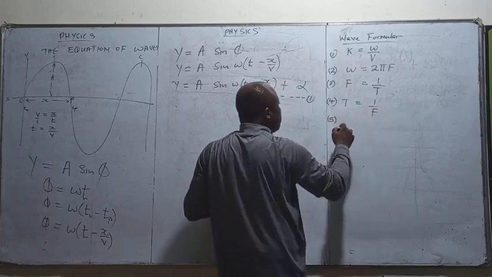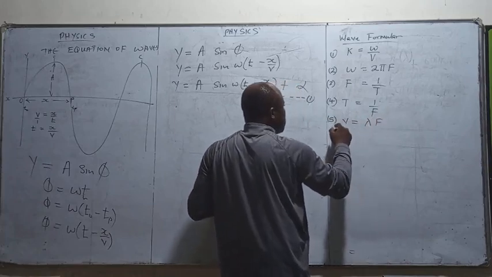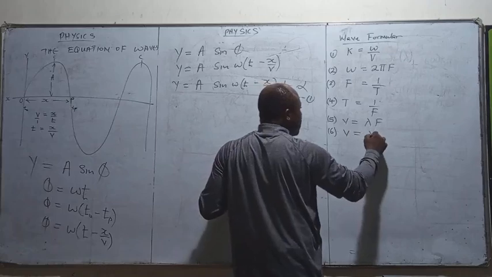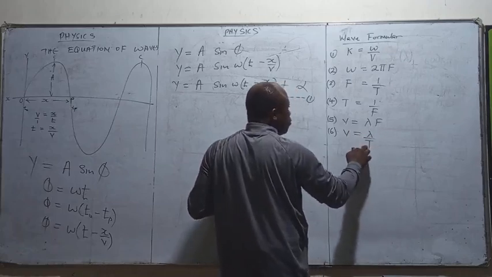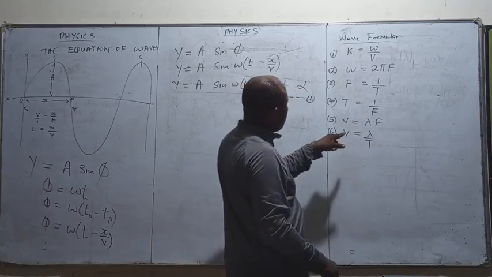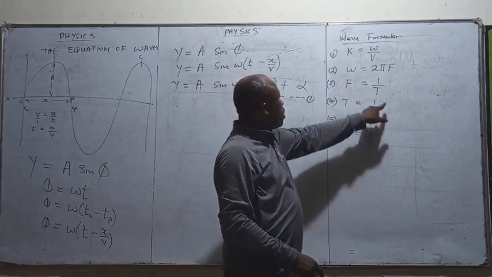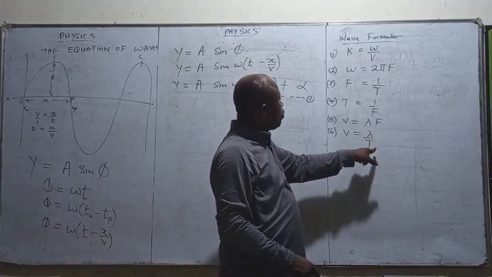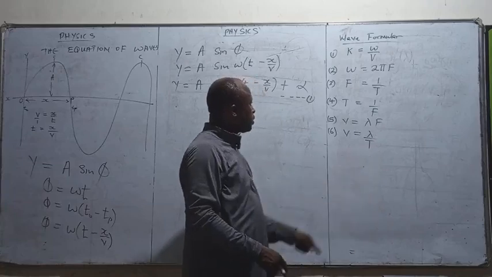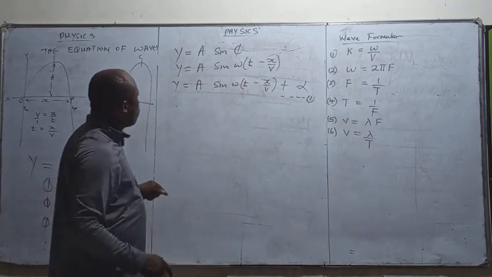Then 5, we also have v equals lambda f. 6, v equals lambda over T. Why do we have T here? Because if f is 1 over T, we can replace f with 1 over T. So we have v equals lambda over T. Now, with these 6 simple formulas, we can build another equation.